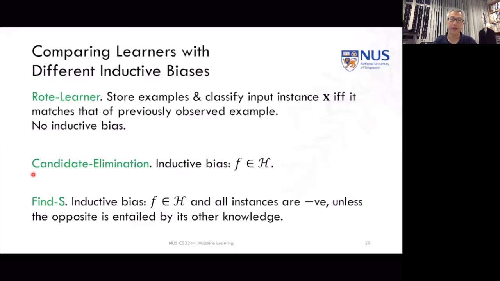In the candidate elimination algorithm that we've looked at in this post-lecture, you can see the inductive bias is one where we assume that the target function is inside of the hypothesis space. For Find-S, as we introduced in the previous part in the pre-lecture, it also has this assumption, okay? But it additionally assumes that all instances are negative unless the opposite is entailed by its knowledge, okay?